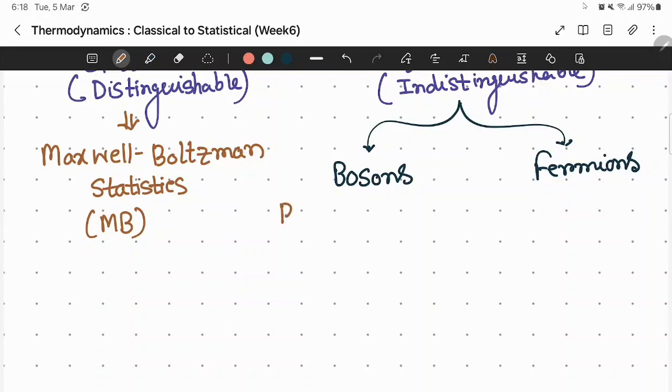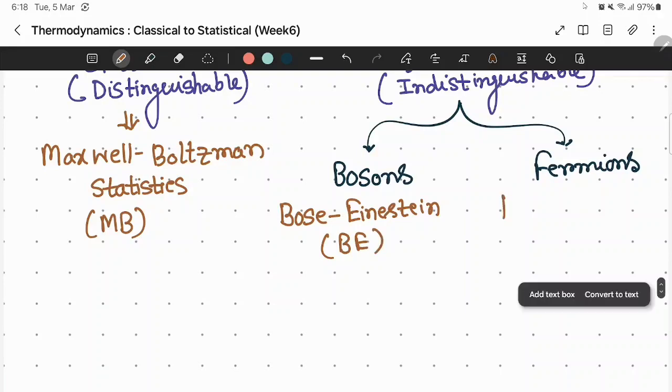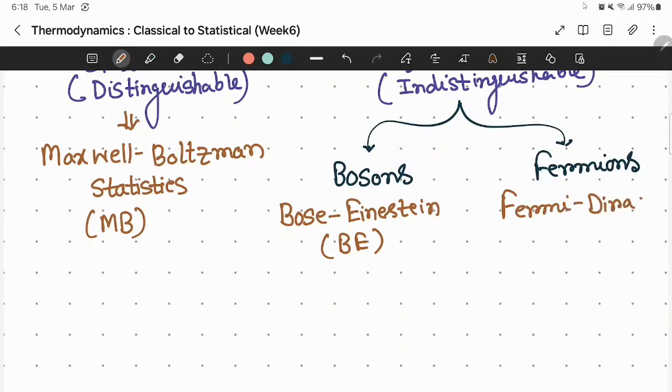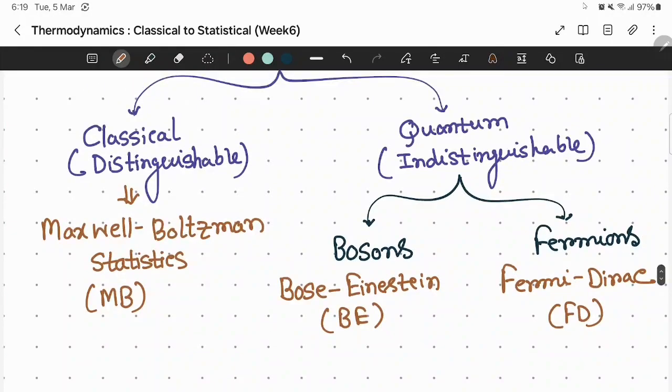Bosons follow Bose-Einstein statistics, or BE. And fermions follow Fermi-Dirac, so it's FD. There are three types of statistics.